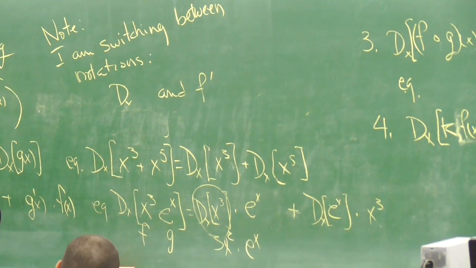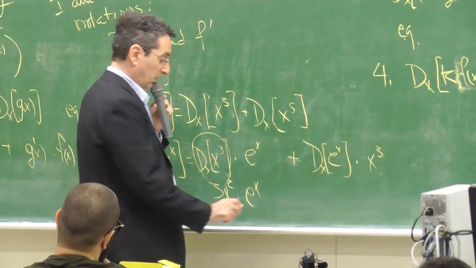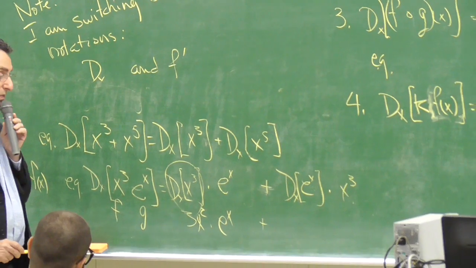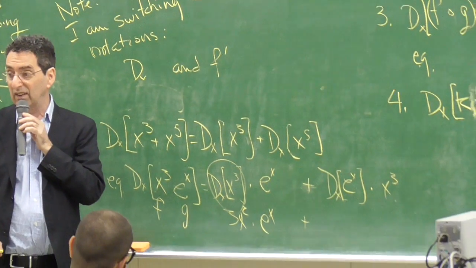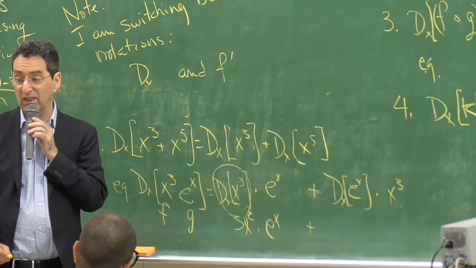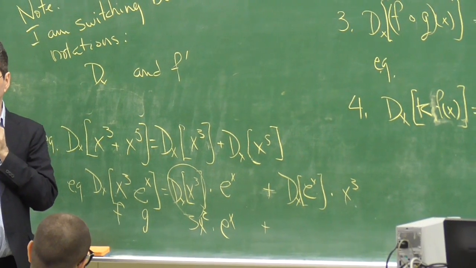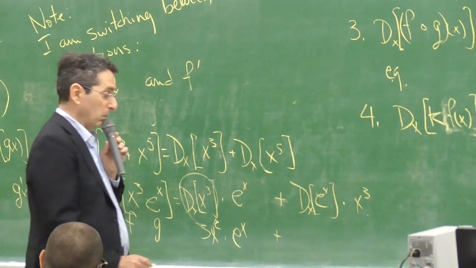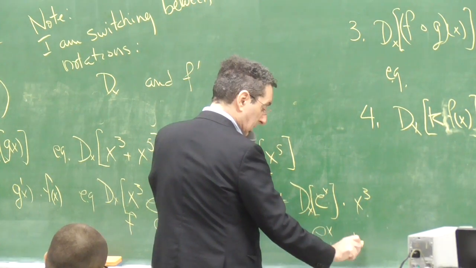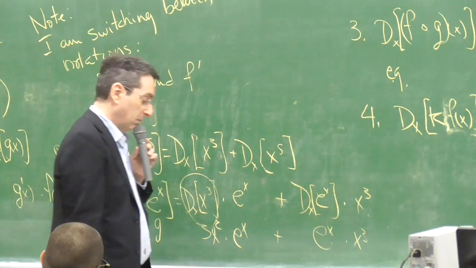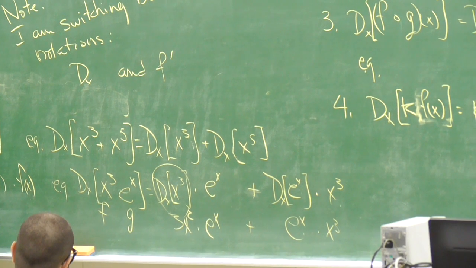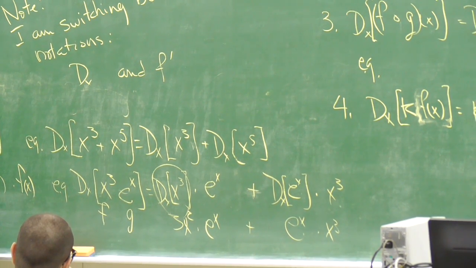So this is 3x squared times e to the x. And then we have to do the second piece, so we put a plus sign. And then we ask, what's the derivative of e to the x? Remember, that was the easiest derivative there is, because it's just e to the x. It's a little bit weird, but it's just e to the x itself, and then times x cubed. So that would be the answer: 3x squared e to the x plus e to the x times x cubed. Of course, you could simplify that a little bit.